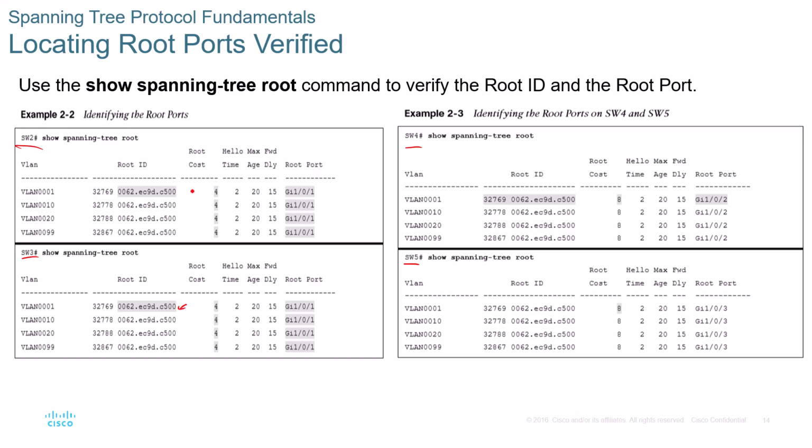And that's one that is continuously listed on all of them. And it should also tell you the root costs. And it should also tell you the port, which ports are root ports. It will also give you the timer details.